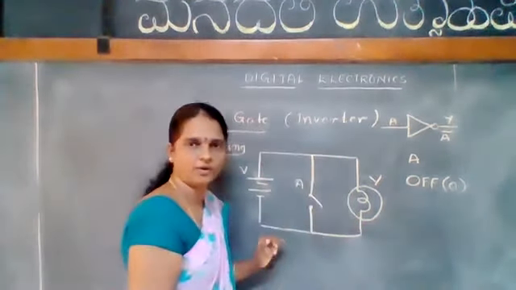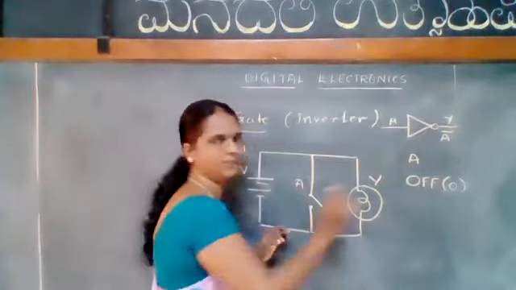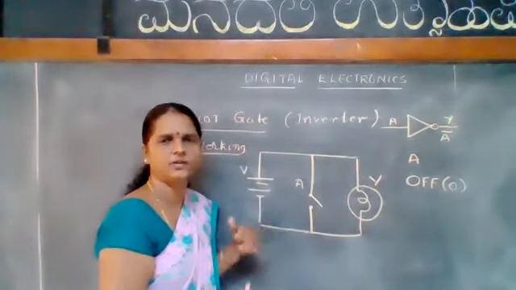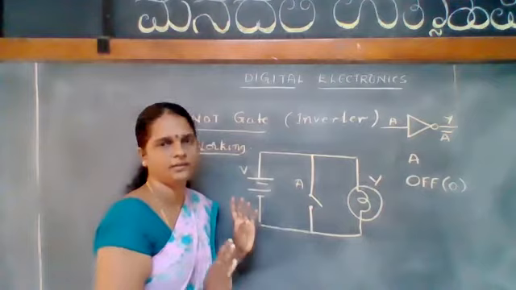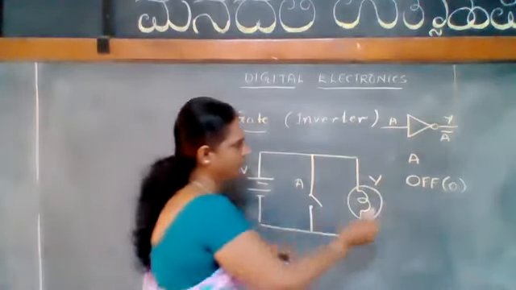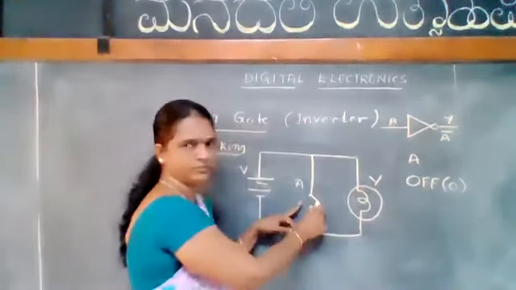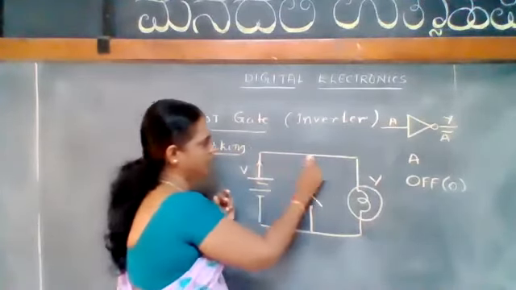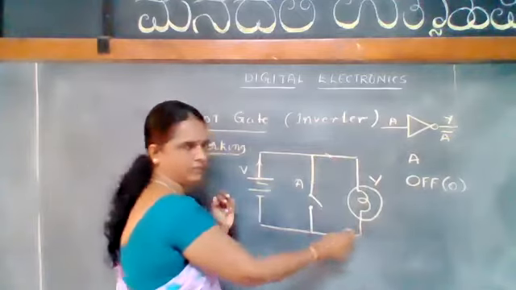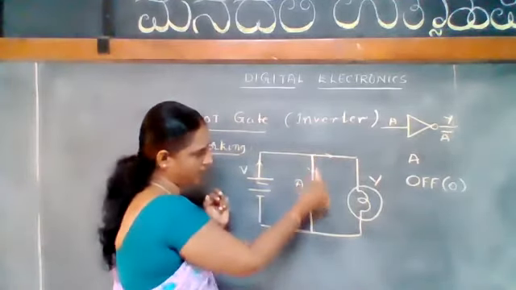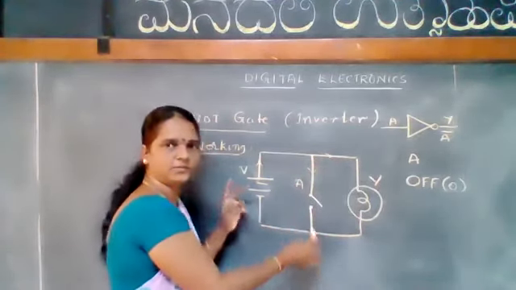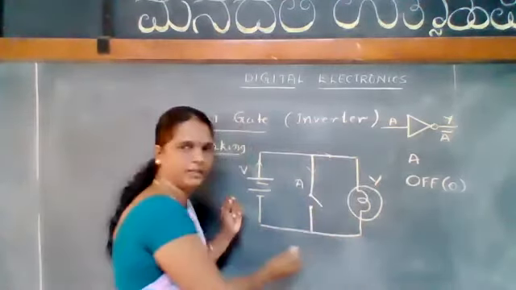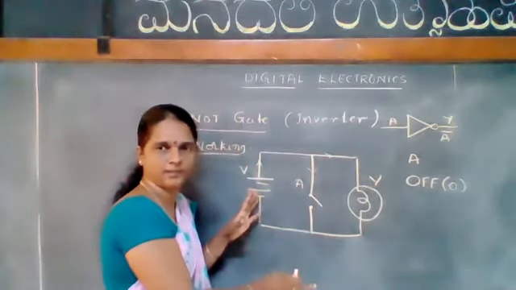Usually off means 0 in digital circuits. So when this is off, the current from this source definitely goes to the bulb, right? There is no path for the current to flow through the switch. So it has to travel through the bulb only.